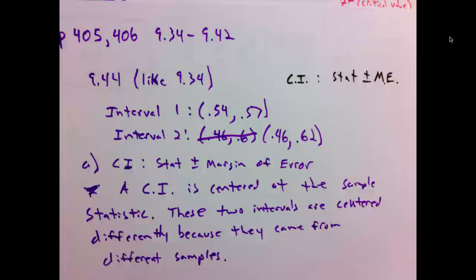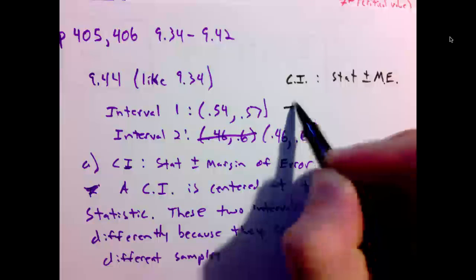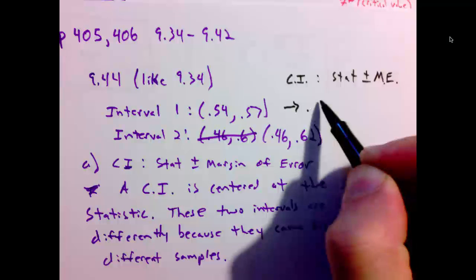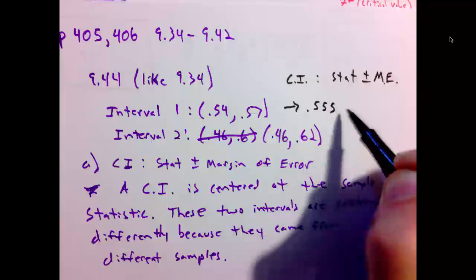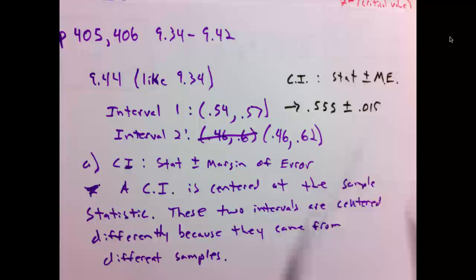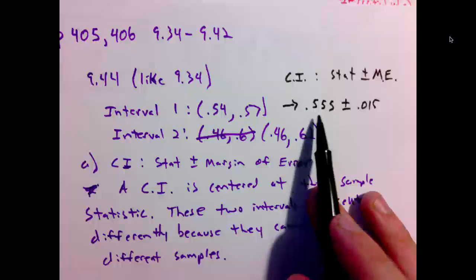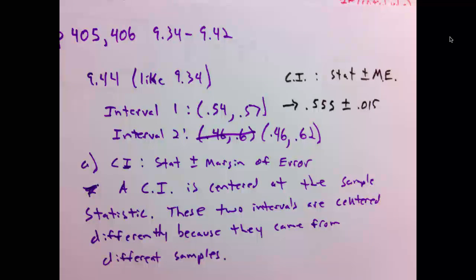It's 55.5. So this confidence interval, stated another way, is 55.5 plus or minus 0.015. You can see if I take 55.5 and add and subtract, I'll get those endpoints.